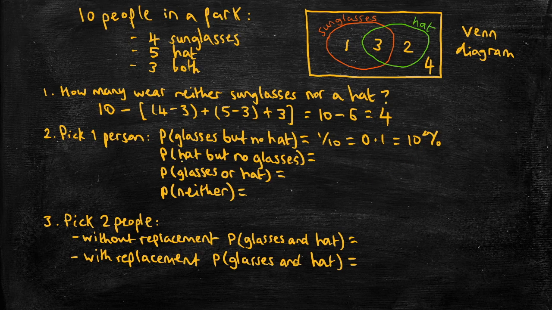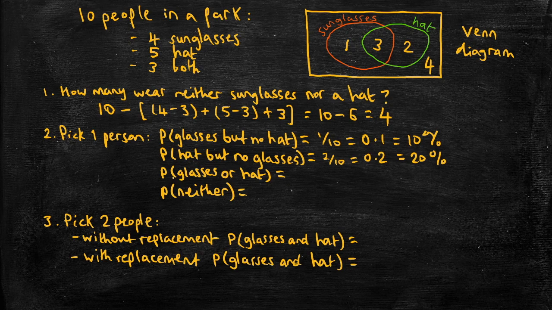How about the probability that that person we pick at random has a hat but no sunglasses? So hat but no sunglasses is the 2 people here in the green circle that doesn't overlap the orange circle. So that's 2 out of 10, or 0.2, or 20%.